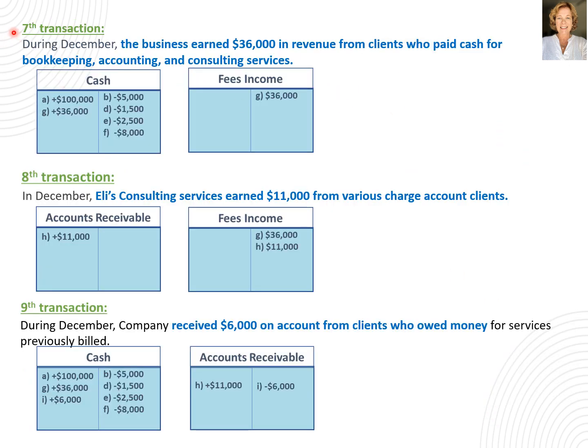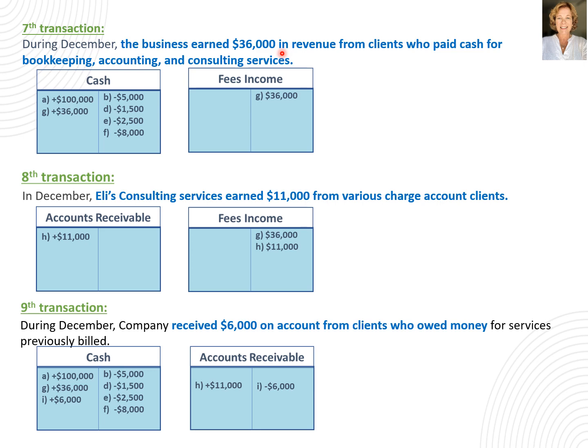We're now ready for the next 6 transactions, starting with the 7th transaction, where the business earned $36,000 in revenue from clients who paid cash for bookkeeping, accounting, and consulting services. So it looks like our cash increased by $36,000. Cash is an asset.